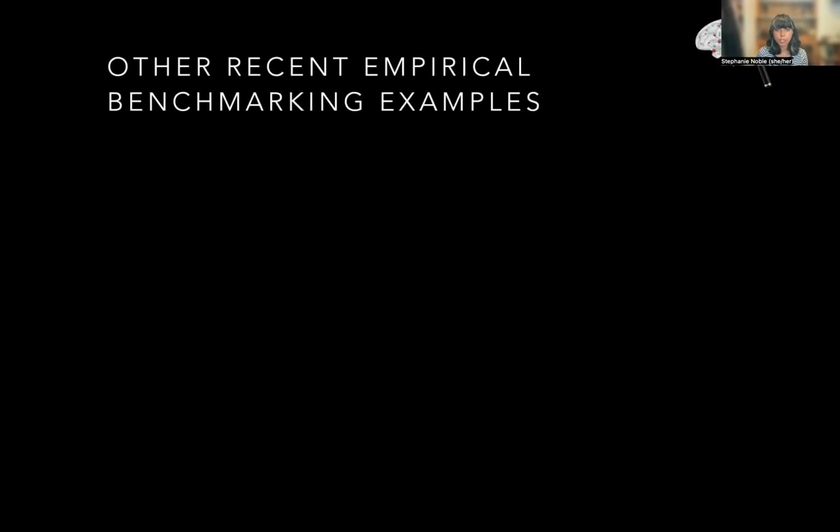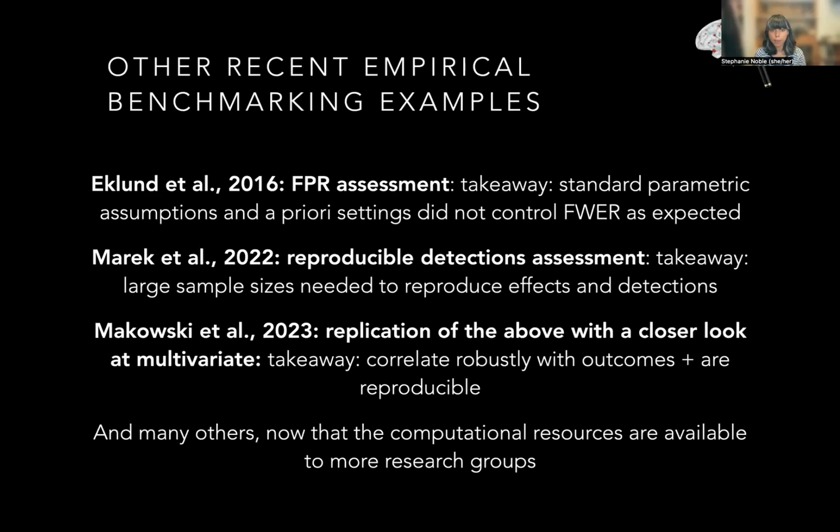So really quickly, I just want to highlight that there's a number of other empirical benchmarking types of studies that have been done in the past decade or so. I'm highlighting a couple big ones that I think have been pretty impactful, but there are actually many others as well.